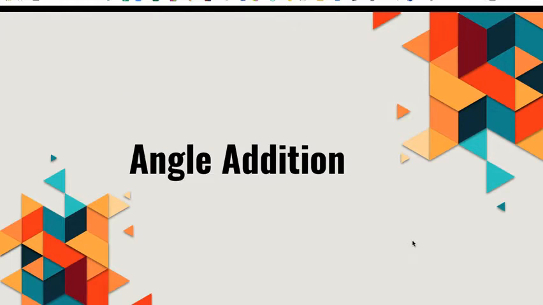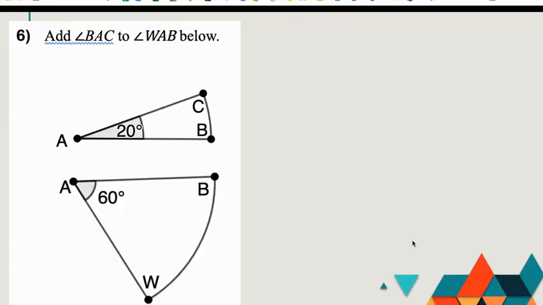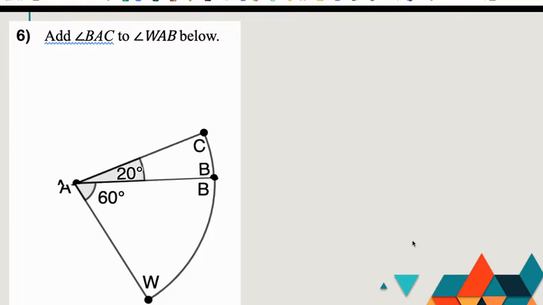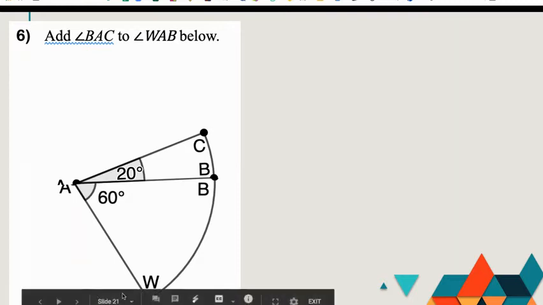So now we're going to go to angle addition. We're going to add these two angles together like we did with the segments. So we're going to get one bigger angle. So we line them up. And now we can see we have the big angle WAC.